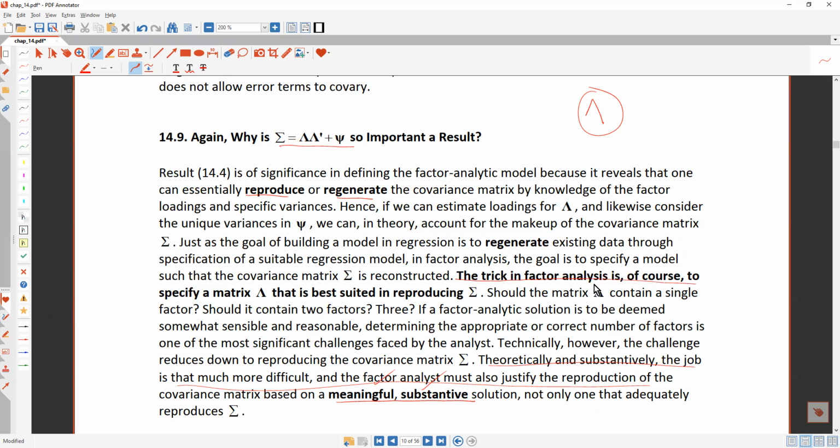So that's what I'm saying here. The trick in factor analysis is to specify a matrix of loadings that is best suited in reproducing the covariance matrix. Should it contain a single factor? Should it contain 2, 3? And that's a decision you have to make. But the important point to recognize as well is that the decision you're making has to be noted in the context of how many factors you are computing, for the reasons we just mentioned, because those loadings will change depending on how many factors you extract.